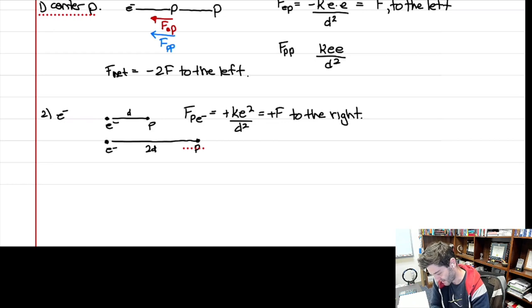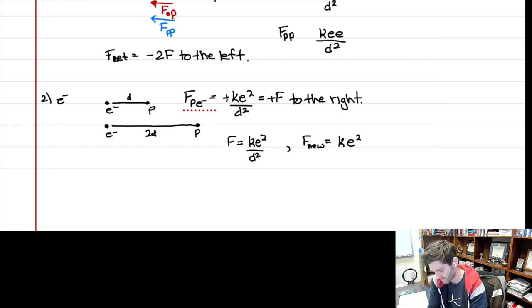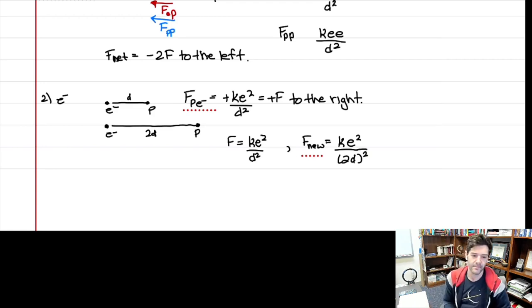And this isn't too bad because we said before that F was equal to k e squared over d squared. So this new force, when it's twice as far away, I expect to be still k. The charges haven't changed. It's an electron and a proton. But now they're separated by (2d) squared. And notice, again, I put the 2 and the d being squared because the distance has doubled in this case.